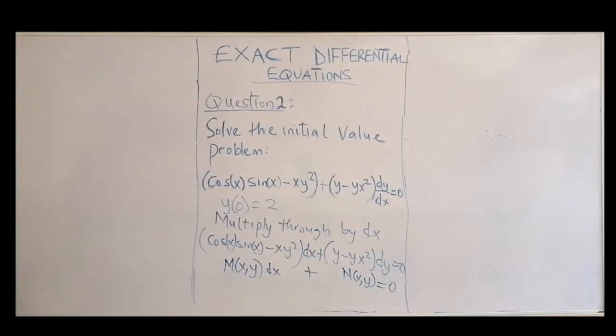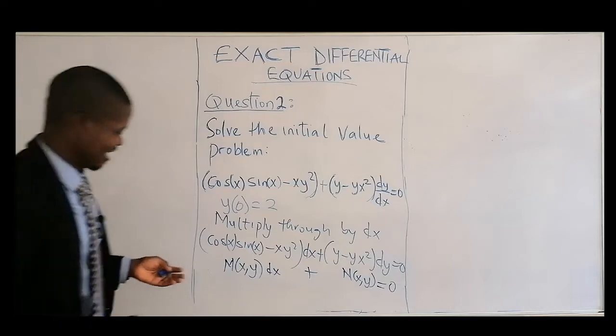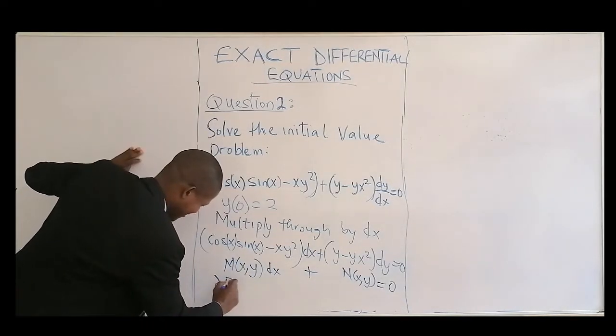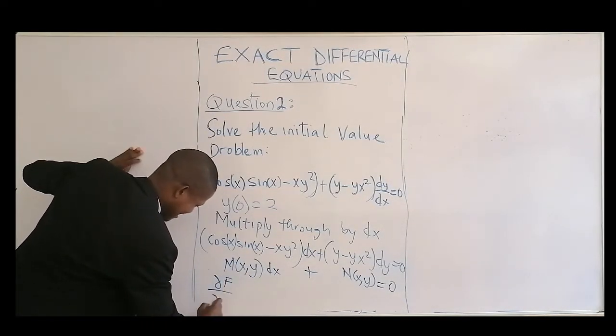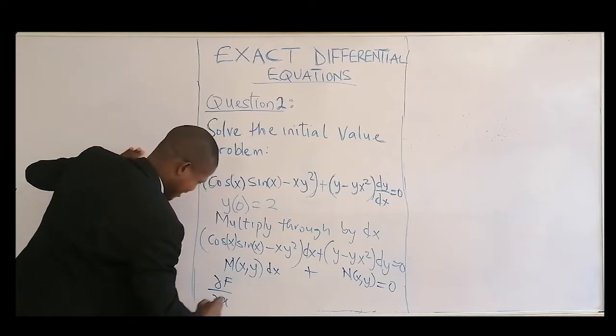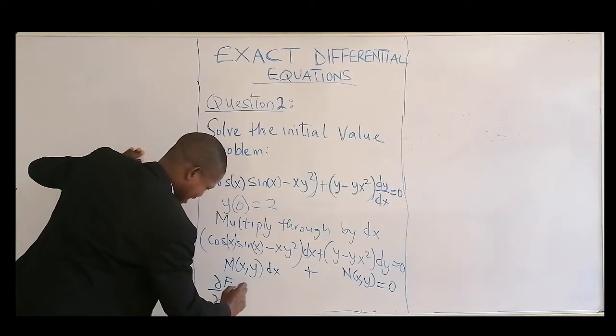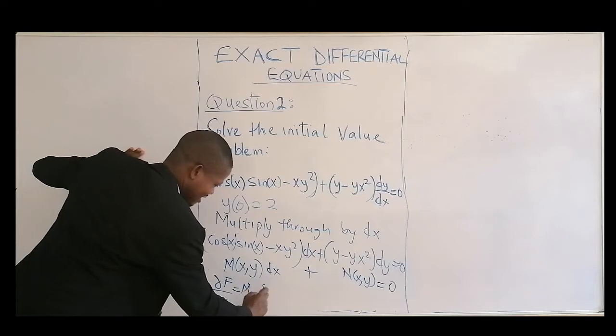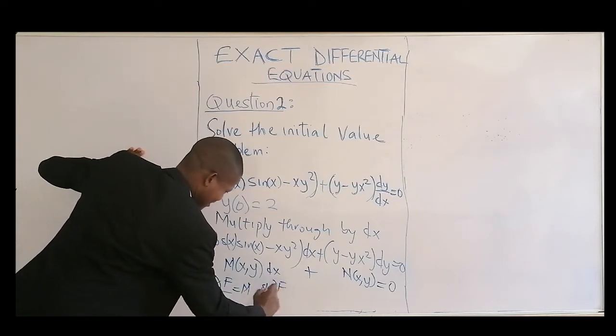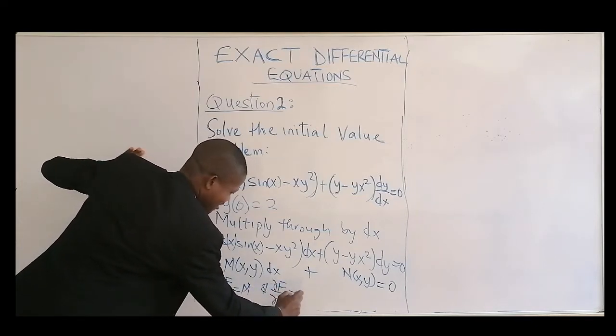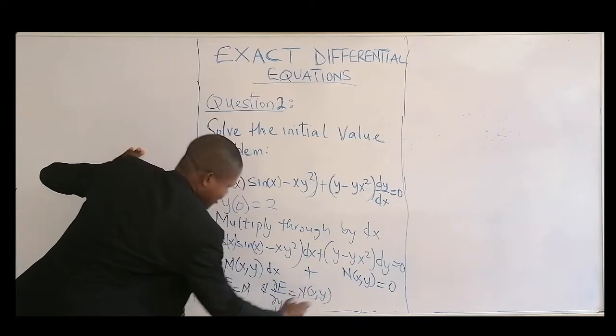If it's equal to 0, then there's a function f of x and y such that delta f delta x is called M, and delta f delta y is called N. But that's not where we are going.